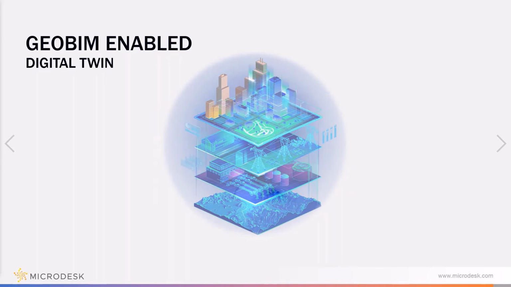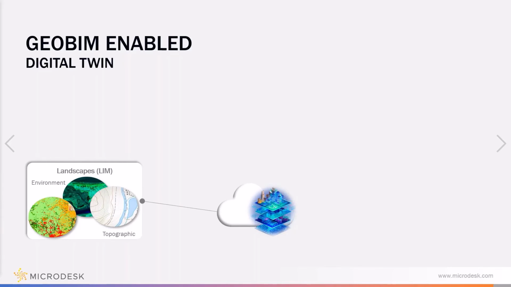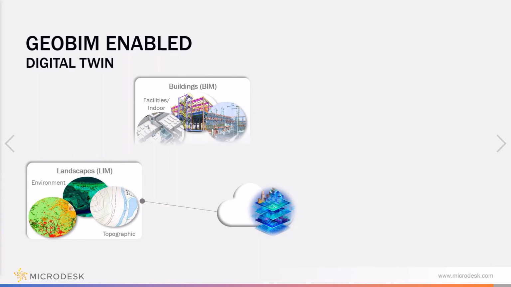A modern comprehensive GIS connects these disparate information models together. The land-based information model, for example, consists of the layers of environment, topology, social, and landscape. A building information model provides an accurate and highly detailed representation of structures, plans, and facilities.